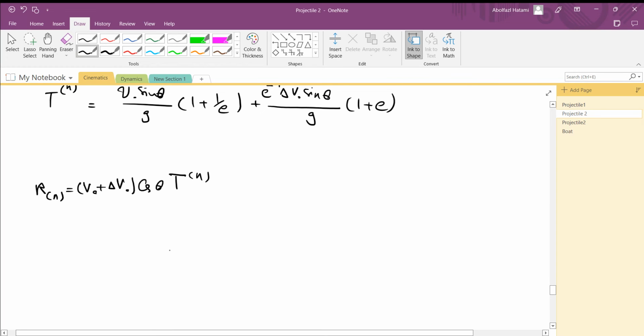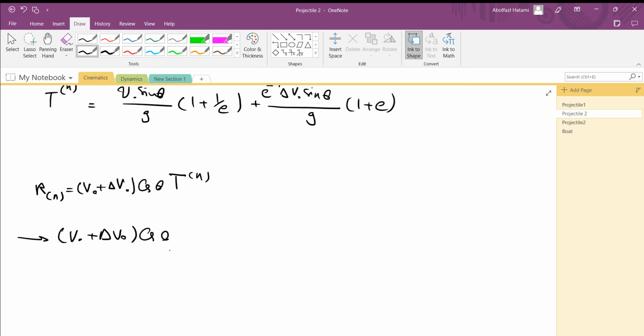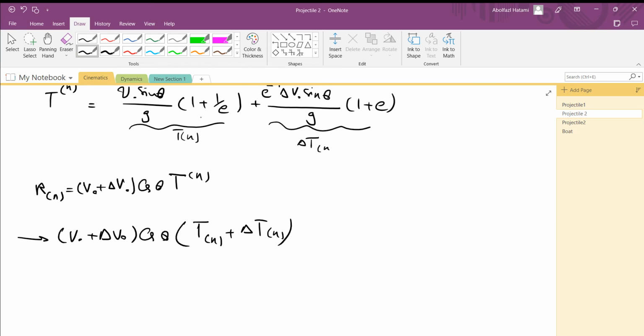If I calculate it, it's going to be v0 plus delta v0 cosine of theta times, let me say that tn is something like tn plus delta tn.